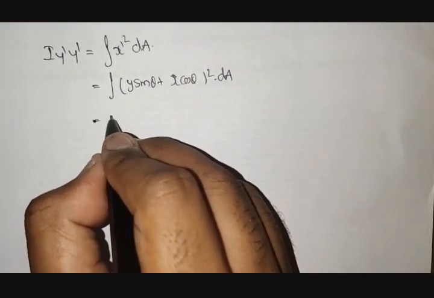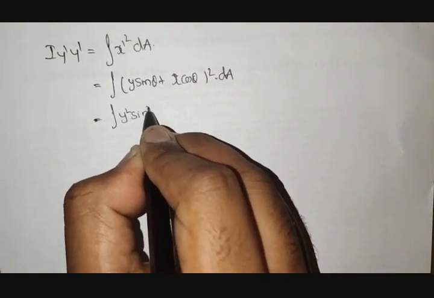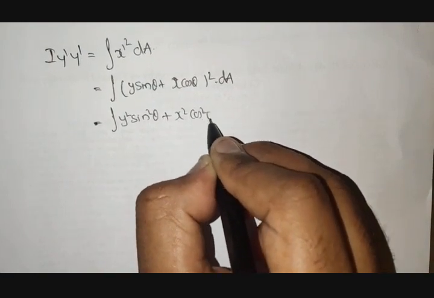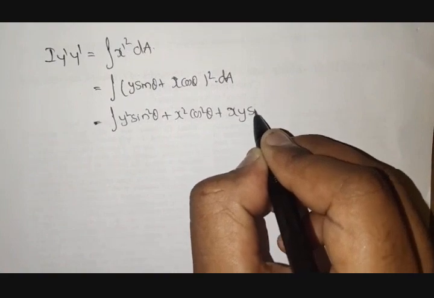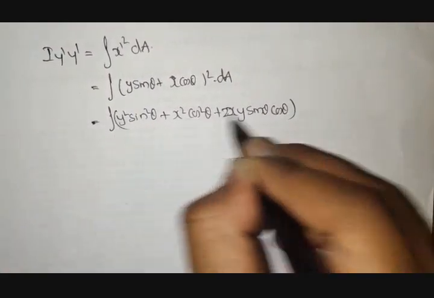If you expand it, it will become y square sin square theta plus x square cos square theta plus 2xy sin theta cos theta, whole dA.